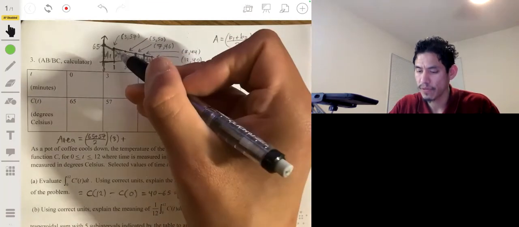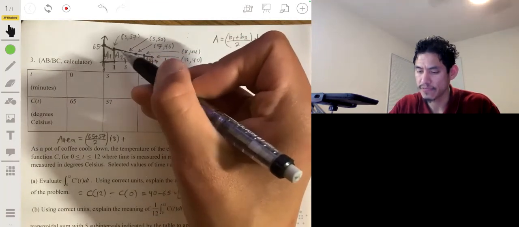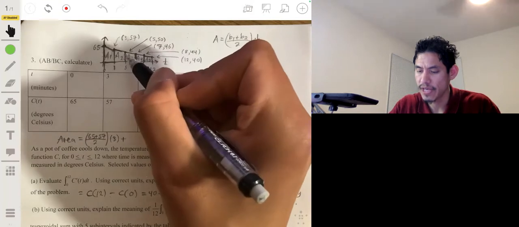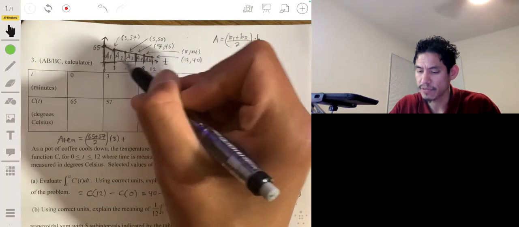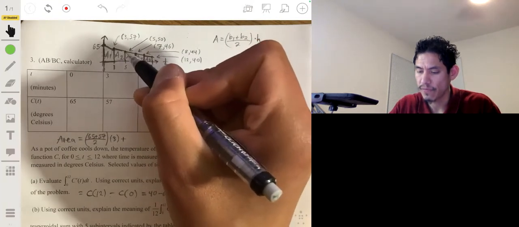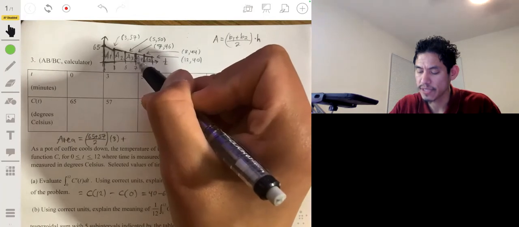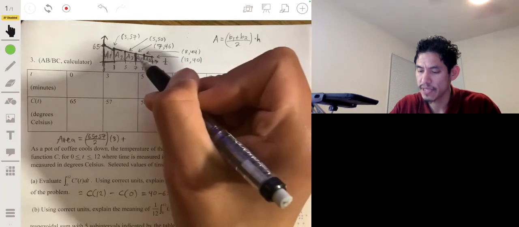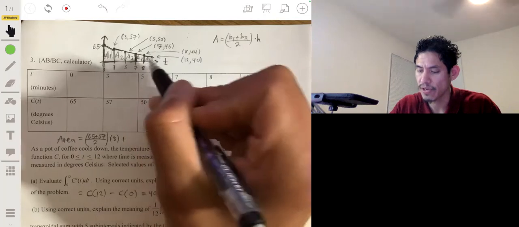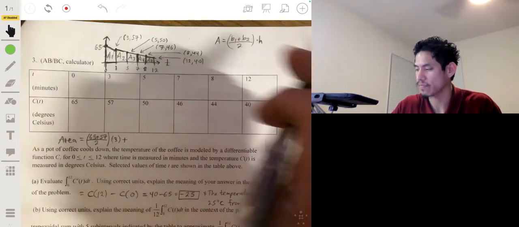Plus this value and this value, 57 and 50, times 2. Then 50 and 46 for these two bases, 46 and 44, and then 44 and 40.